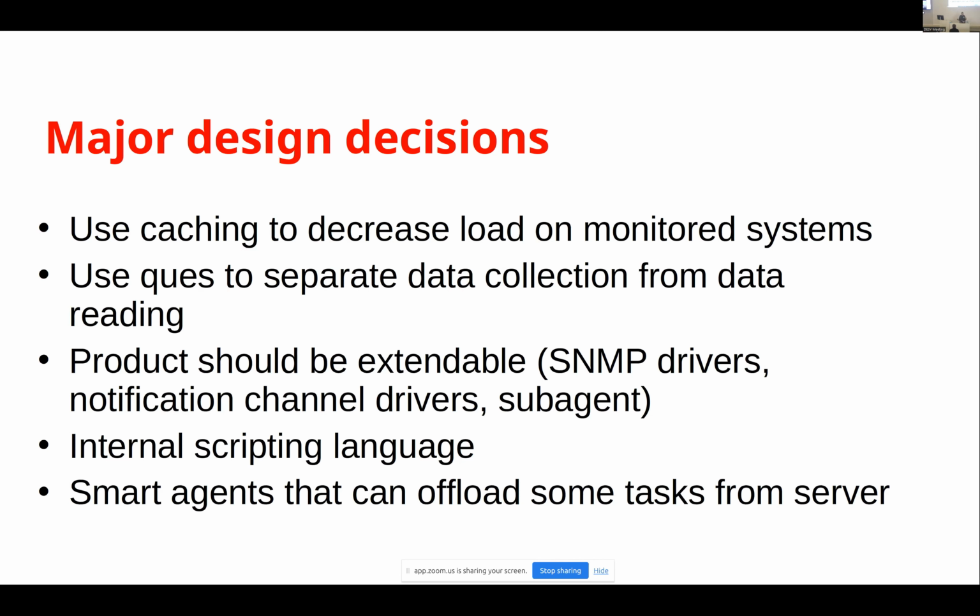So you can spread your network through different zones. Each zone has multiple proxies. Those proxies do the collection, connecting to those devices and collecting the information, and they provide it with a single or multiple connections from one node to the server.